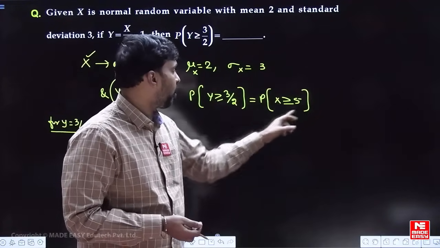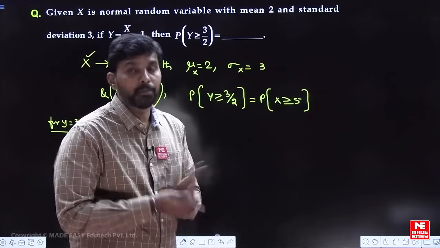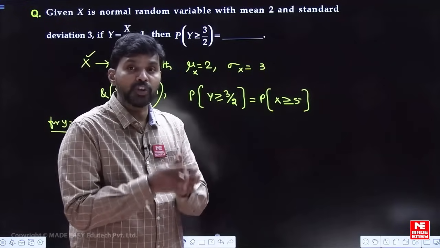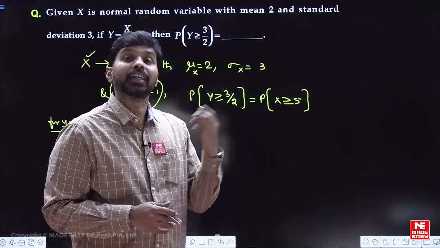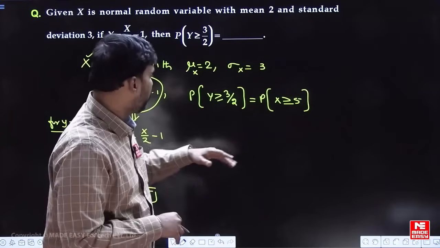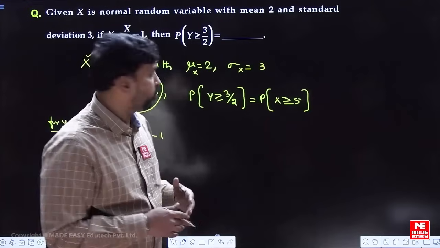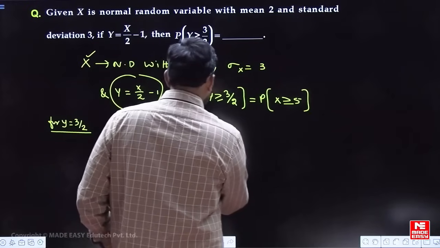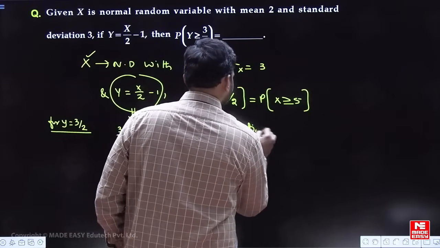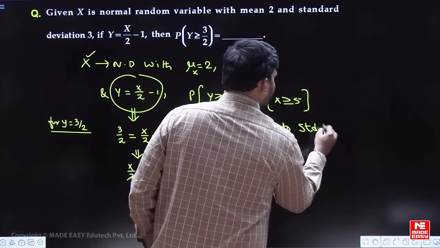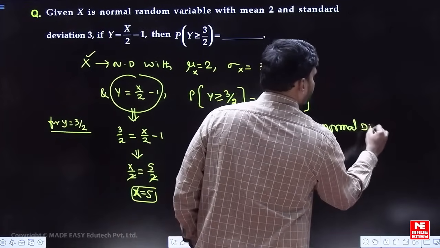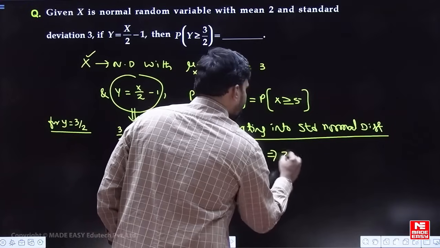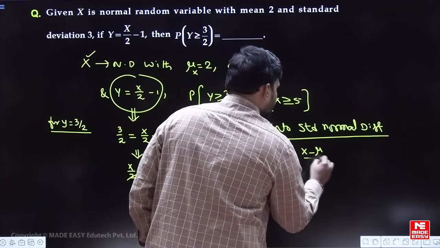But we all know, my dear students, that to find a probability using normal distribution, first you have to transform it into the standard normal distribution by using z equal to x minus mu by sigma.